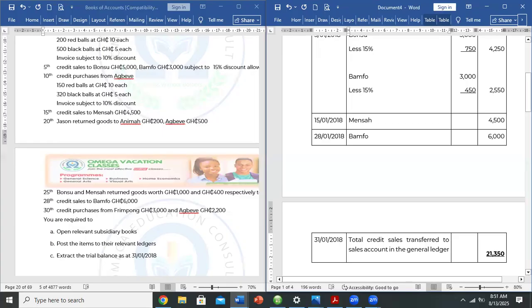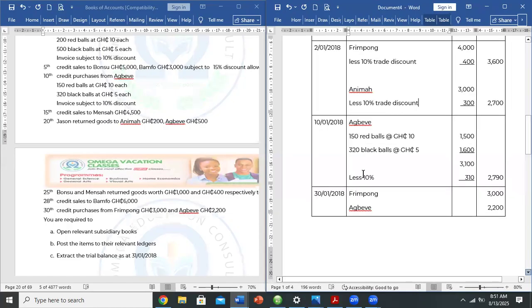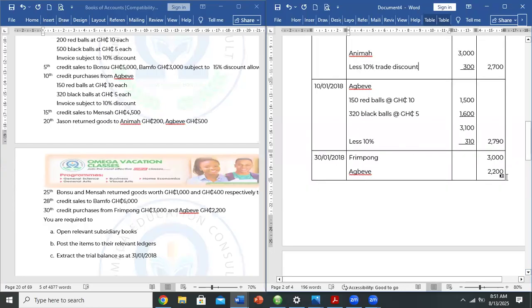This will go to the purchases day book. On the 30th, Frimpong 3,000, Abebe 2,200. So professors, that is how you would record these transactions in your day books.